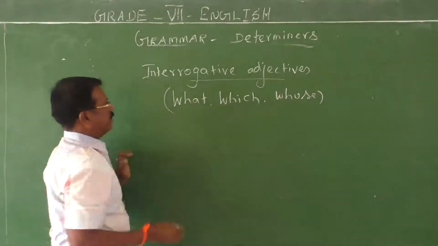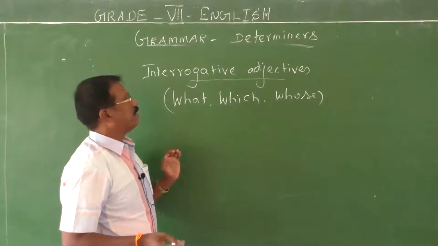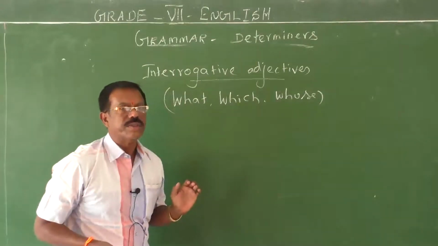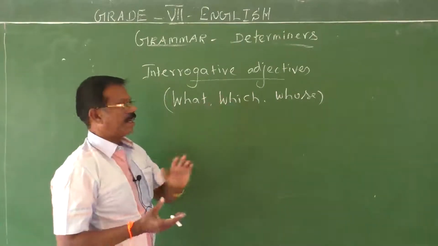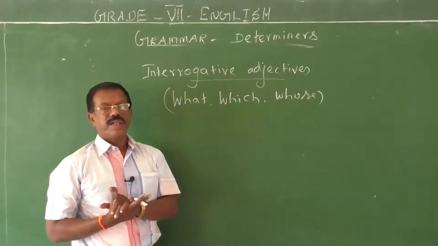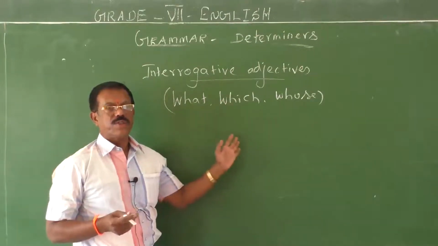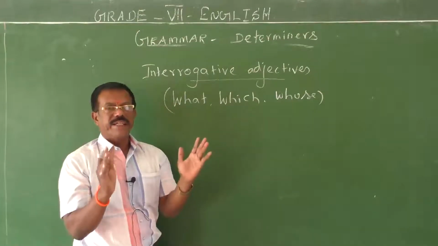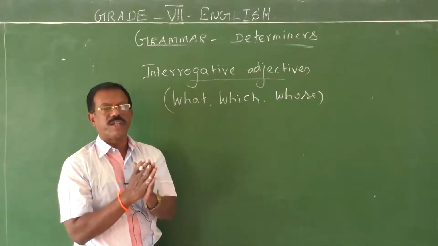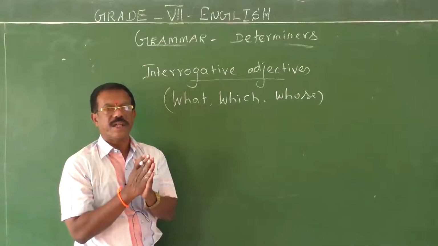So these interrogative words function as adjectives. At the same time, when these question words are used before nouns, they determine or restrict the meaning of the noun. Therefore, they function as determiners.